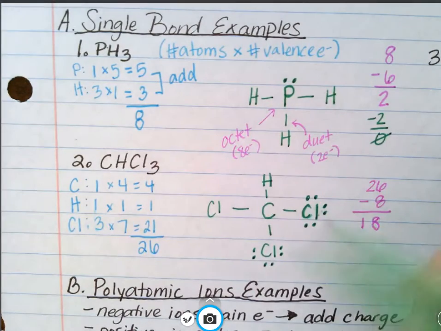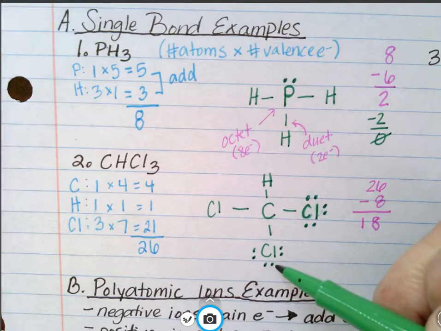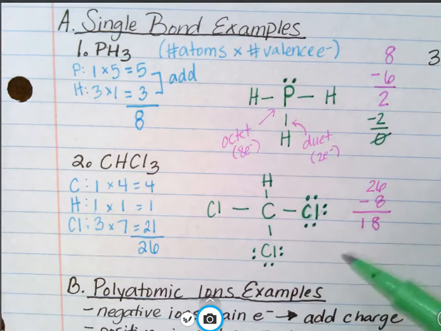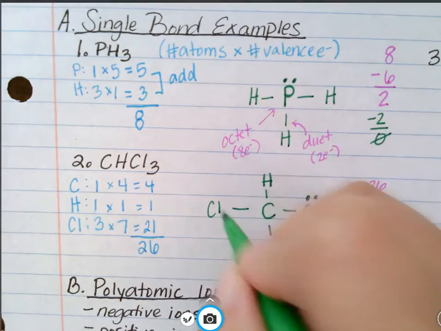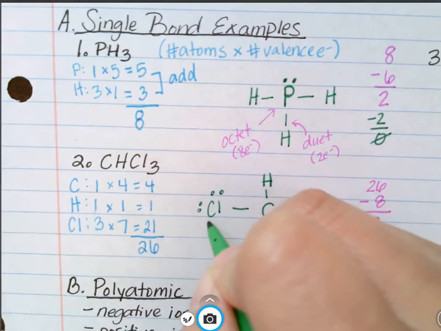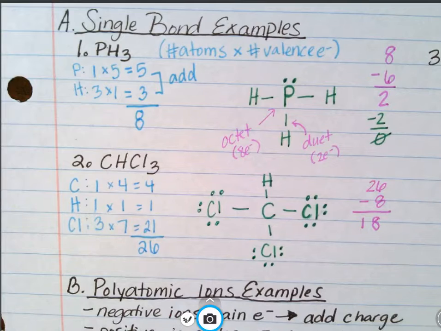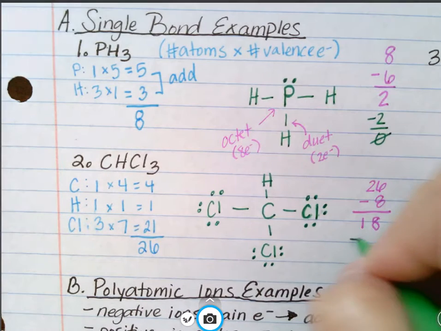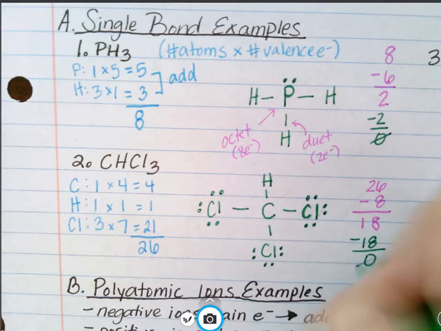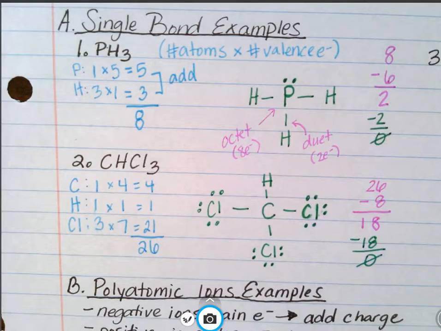Okay, so now I've used 6 plus 6 more, that's 12, plus another 6 is going to give me 18. So I've just used all 18 of those, leaving me with none left over for the central atom. So if you get a 0, that means the central atom doesn't have any to put on there. No extra dots on there. Again, notice I didn't put any dots on hydrogen. It is done as soon as it has a bond.